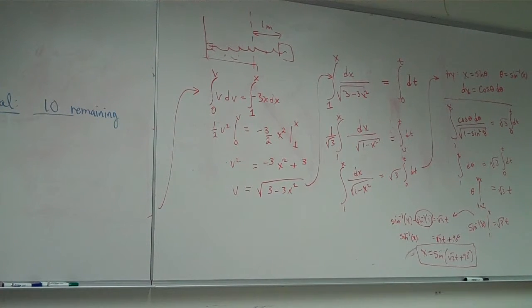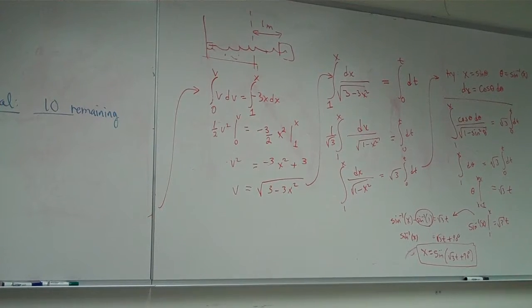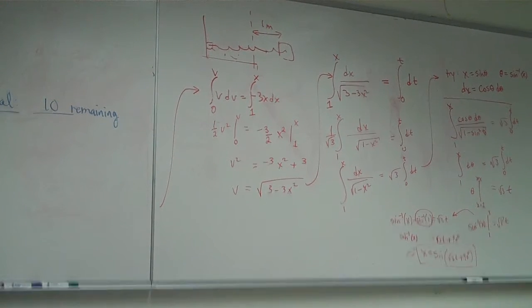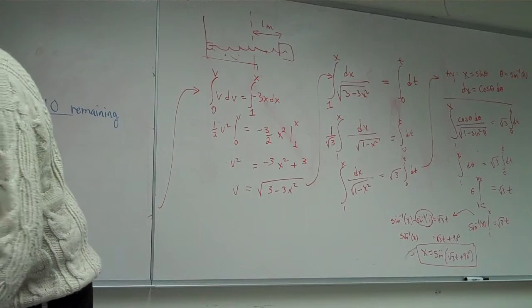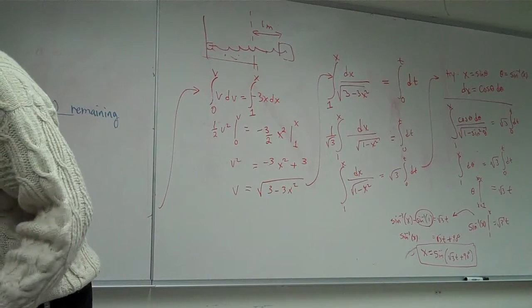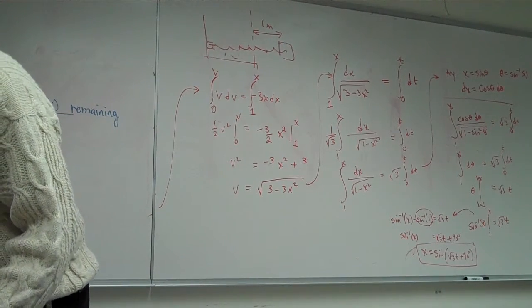You went down 1. It's negative 1 over 5. Rise over run. I did 5 meters divided by 1 second. No, you don't do run over rise. It's rise over run. So it's negative 1 divided by 5.